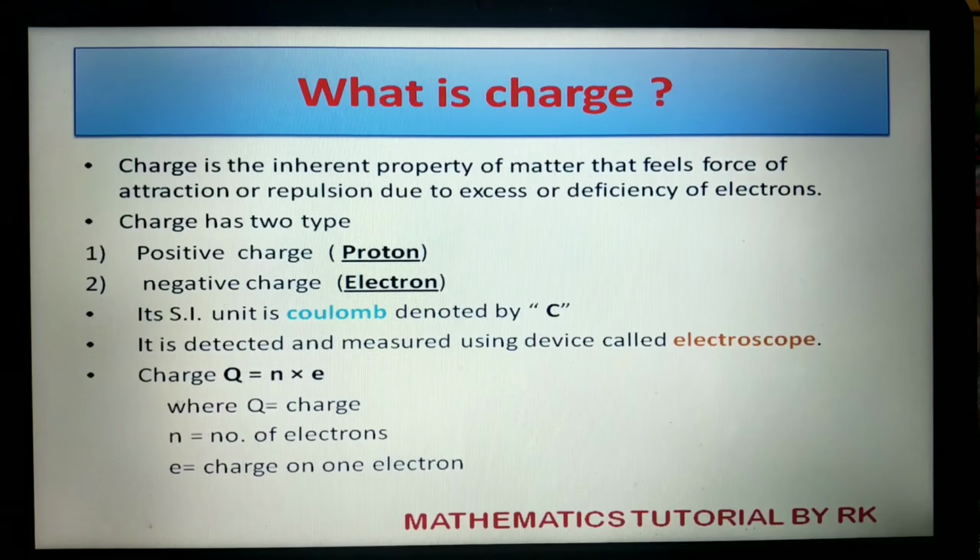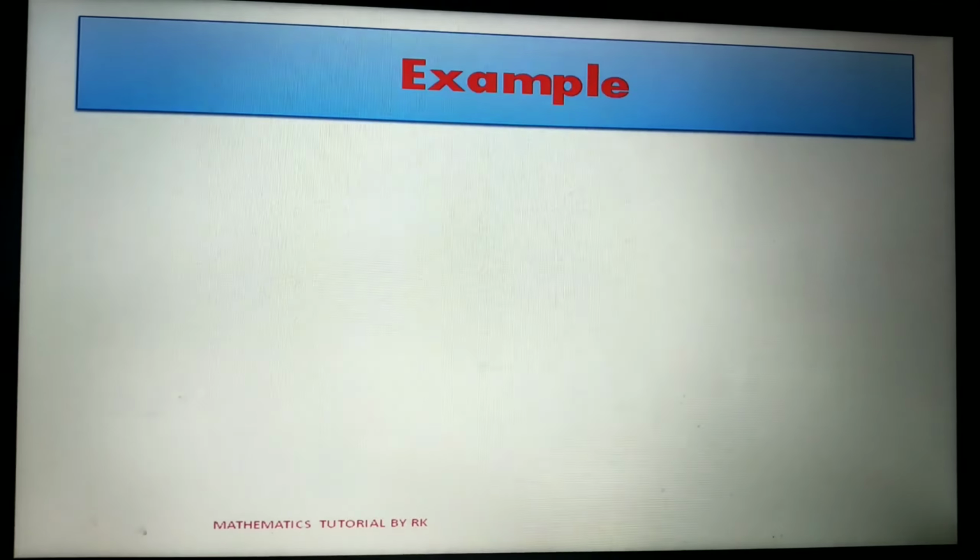Now charge Q is equal to N into E, where Q is the charge, N is the number of electrons and E is the charge on one electron. The value of E is 1.6 into 10 power minus 19. Now we will take an example of charge.